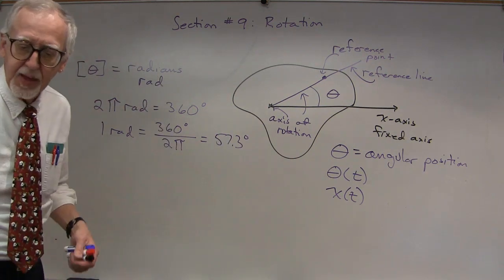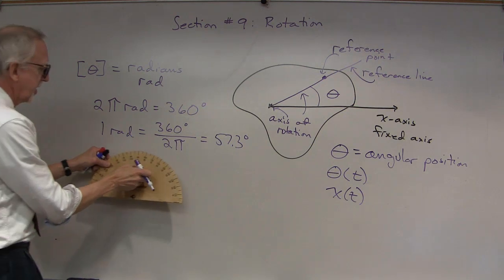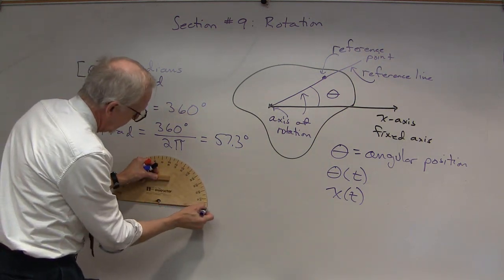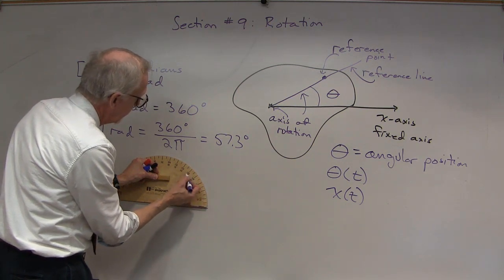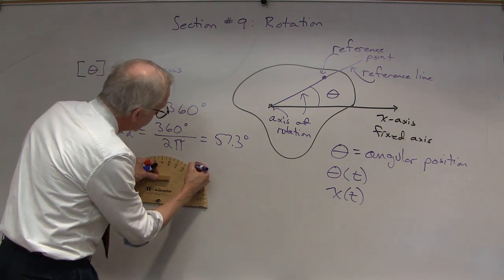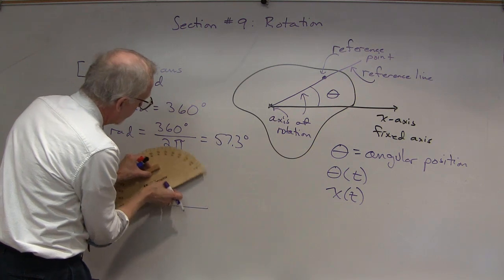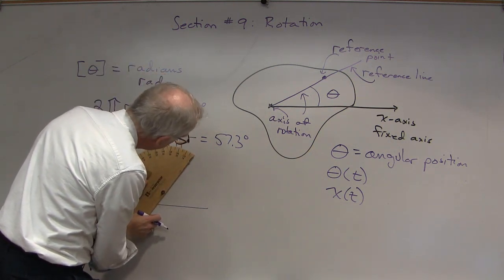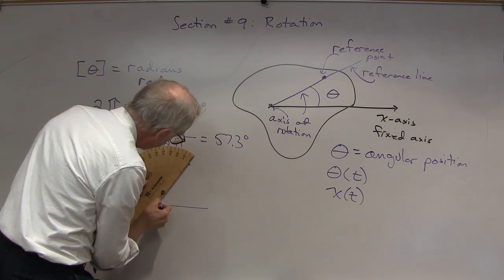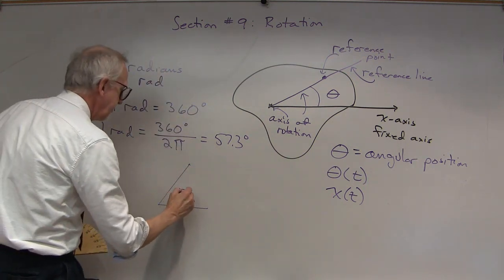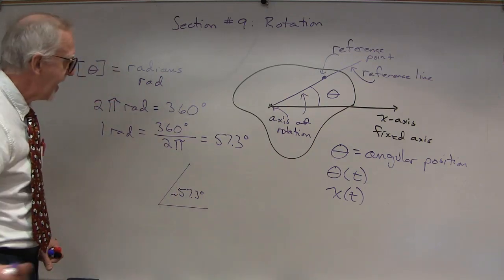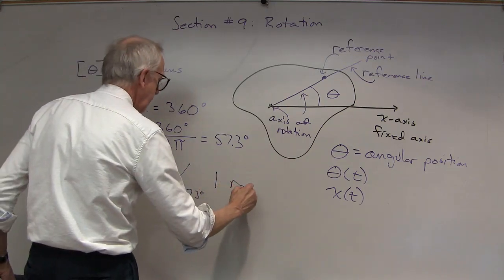So let's just think about that. What kind of an angle are we talking about? I've got a big protractor here. So there's 0, 10, 20, 30, 40, 50, 55, 57, somewhere around there. So something like that. That is about 57.3 degrees approximately. So that is 1 radian.